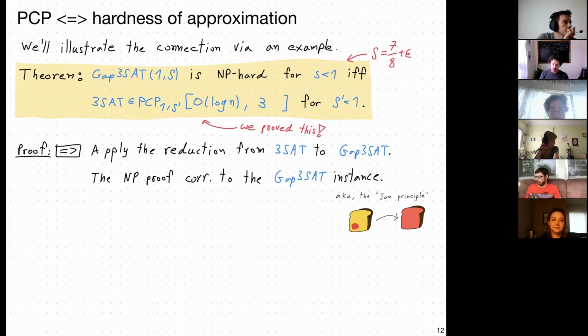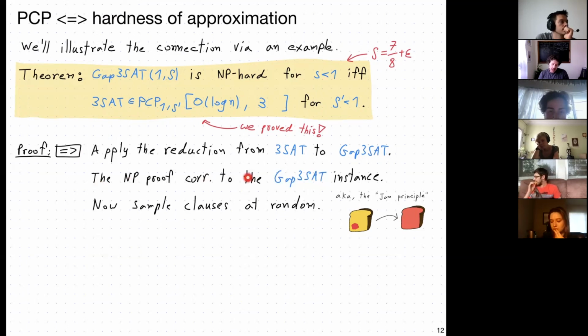I'm starting with this hardness result, that the gap problem is hard, and I want to construct a PCP. So how do I do it? If this is hard, then I can take 3-SAT and reduce it to gap 3-SAT. So I'm starting with an instance of 3-SAT, which might have only a single clause that is not satisfiable. And then I transform it into a gap 3-SAT instance, where either it's perfectly satisfiable or there's a significant portion of clauses that are not satisfied, by the definition of the gap problem.